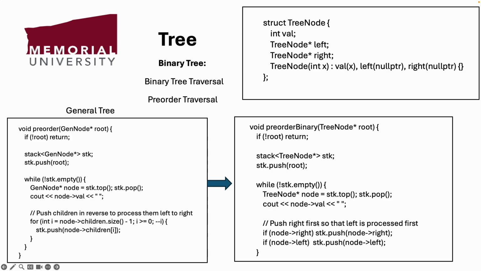We want to push them in reverse order, so they are processed from left to right. So we push the right child node and then push the left child node. In this case, we can convert the general tree pre-order traversal implemented with a stack to the binary tree.